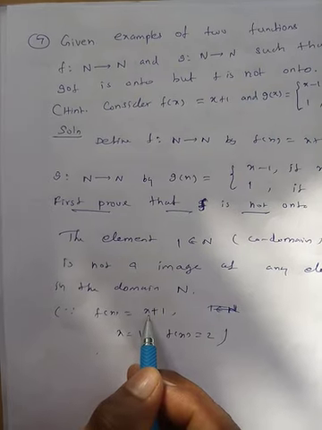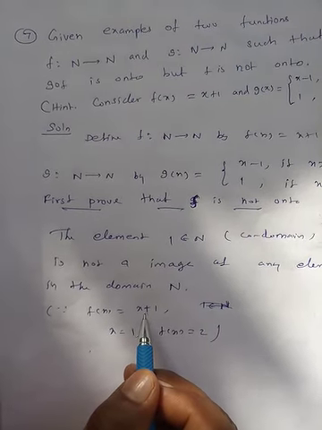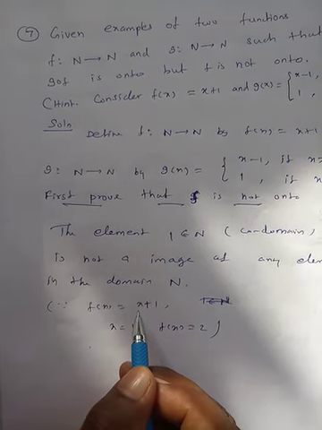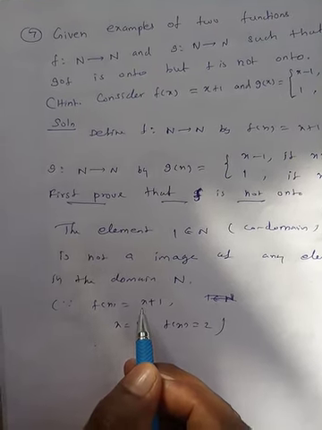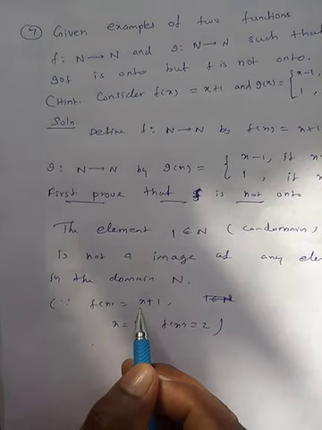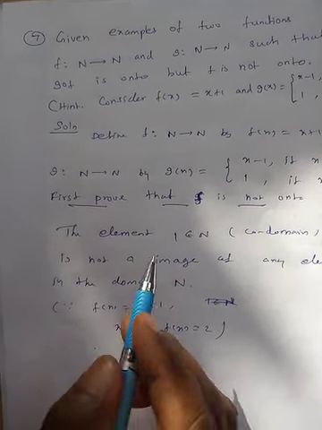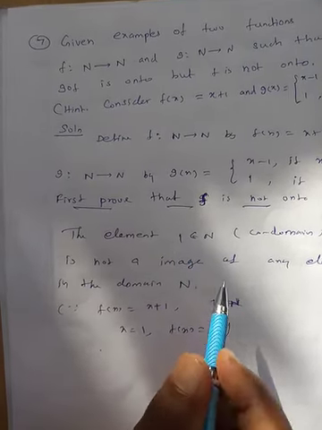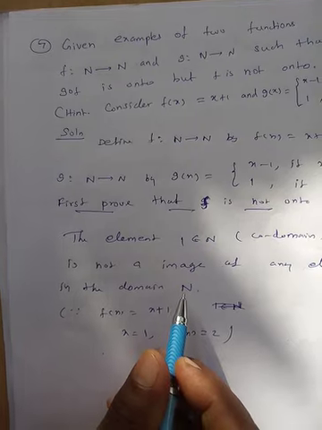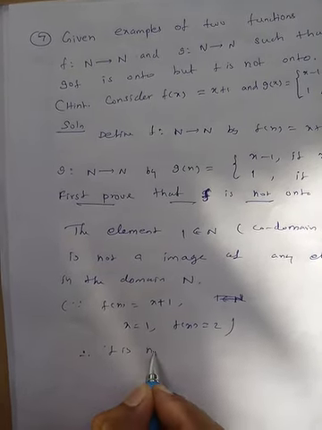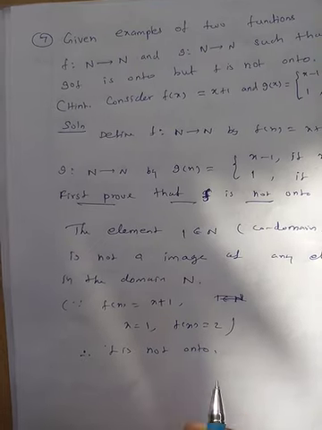If we put x equal to 0, f of x is equal to 1, but x equal to 0 is not possible, because x is in the set of natural numbers. So x will not be 0. So the element 1 in the codomain is not the image of any element in the domain N. Therefore, f is not onto.